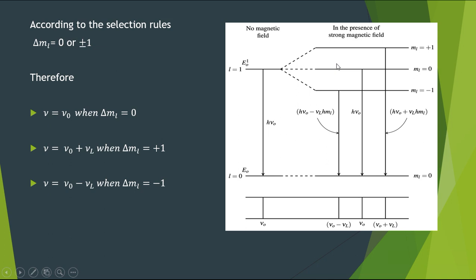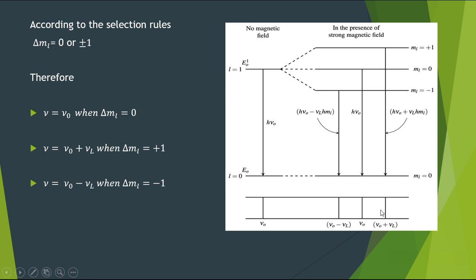So here, when the strength of the magnetic field is increased, the splitting will increase. That is, the separation between these energy levels will increase. This results in increase in the transitional energies, and hence these separations will increase.